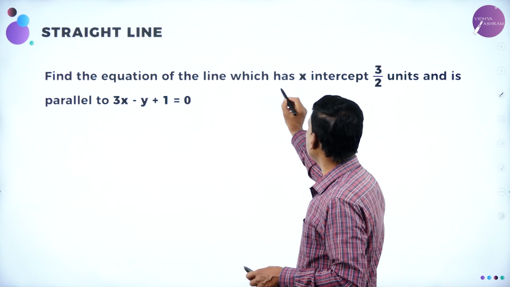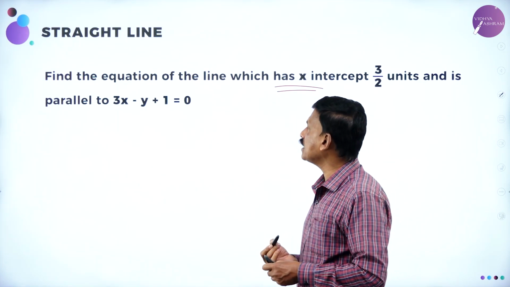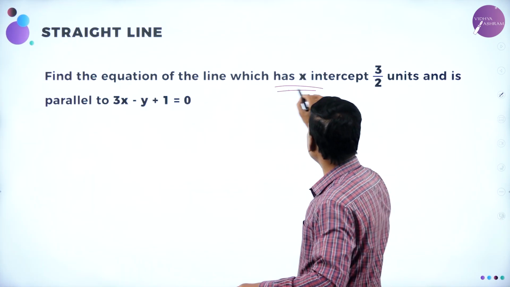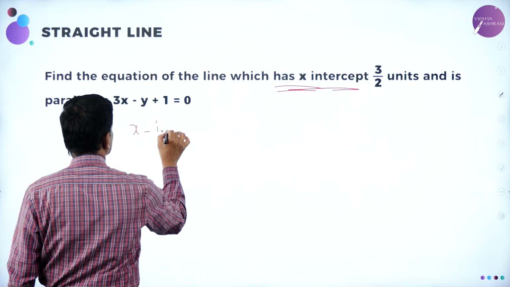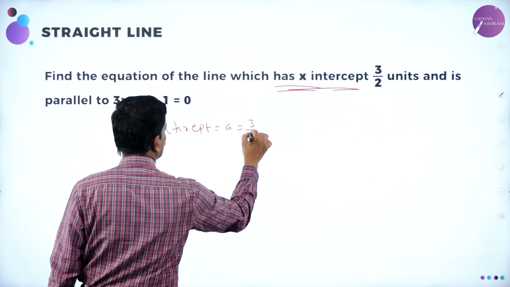Find the equation of a line which has x-intercept 3 by 2 units and is parallel to the given line 3x minus y plus 1 is equal to 0. Now what is given? Given that the line has x-intercept, so x-intercept is nothing but a is equal to 3 by 2.